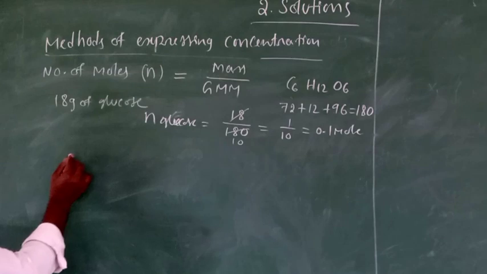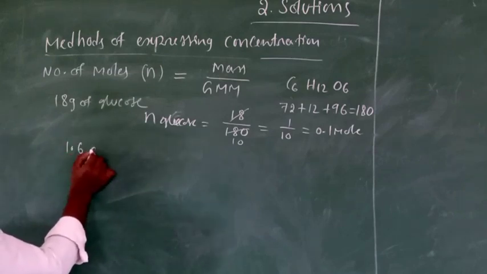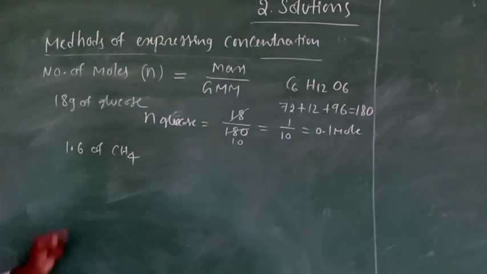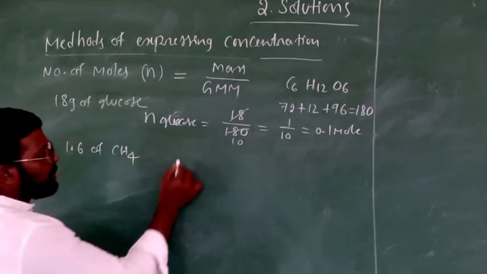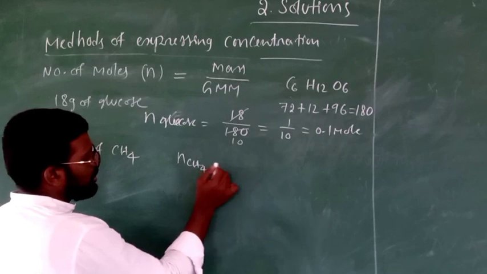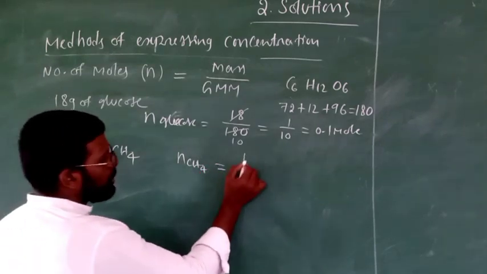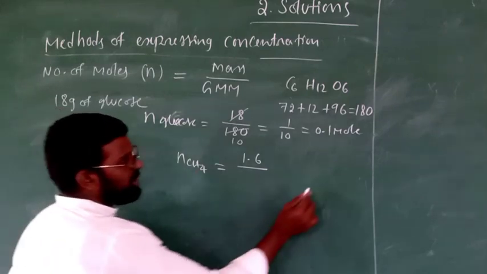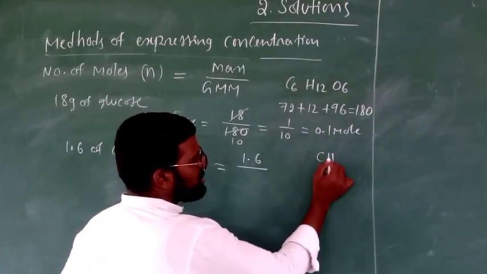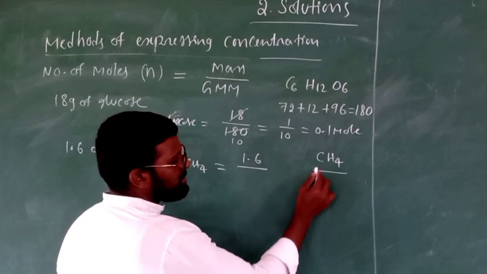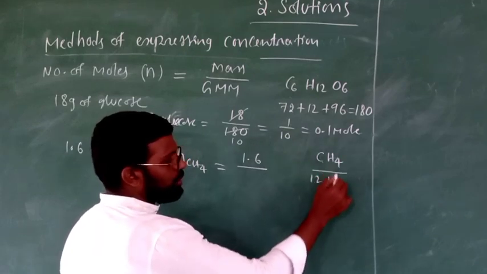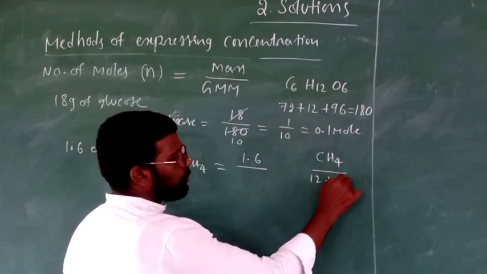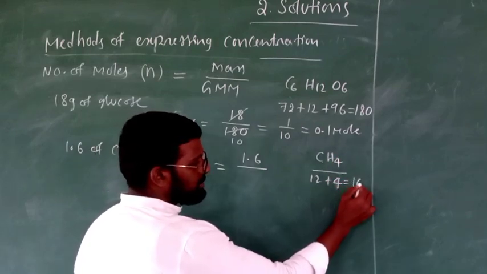Similarly, you can take many other examples. Suppose you take 1.6 grams of methane. The number of moles of methane is equal to the mass of methane, 1.6 grams, by the gram molar mass of methane, CH4. Carbon atomic mass 12, hydrogen atomic mass 1, 4 hydrogens are there, 4 ones are 4, so total 16.